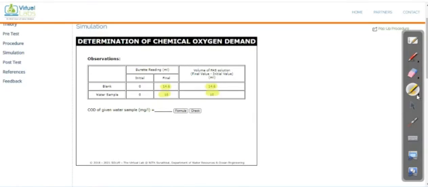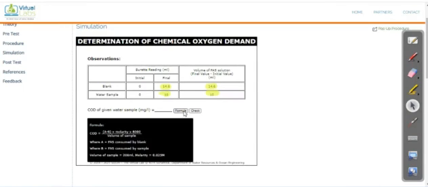After that we have to know what the value of COD is. What is the value of COD in milligram per liter? So we have the formula. Click on the formula here.